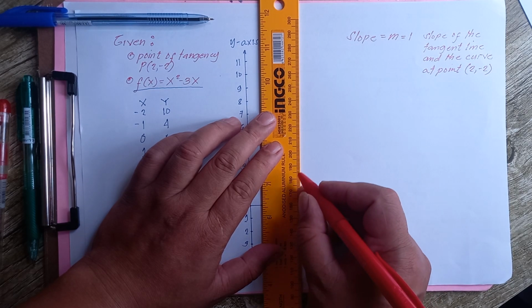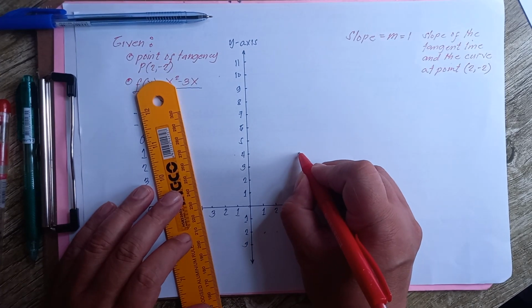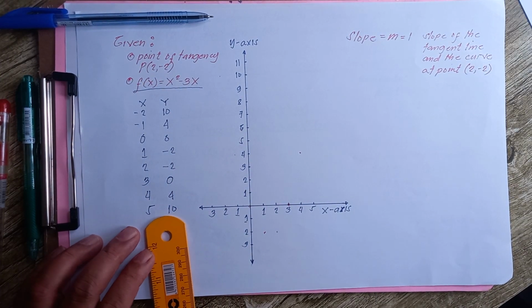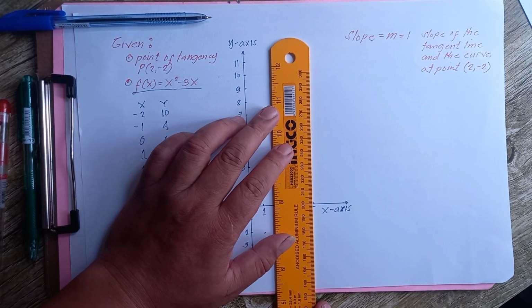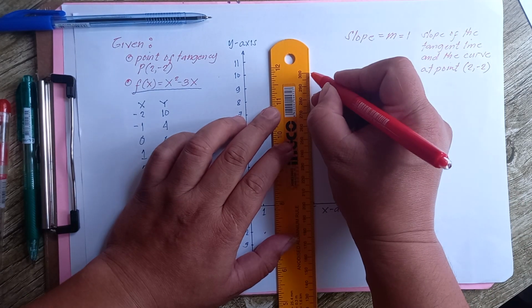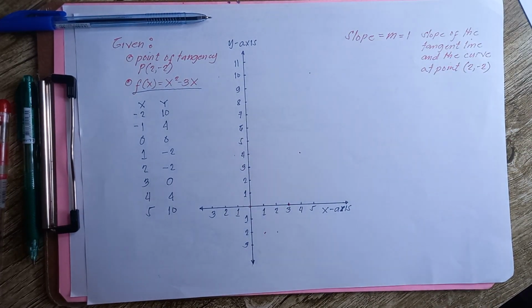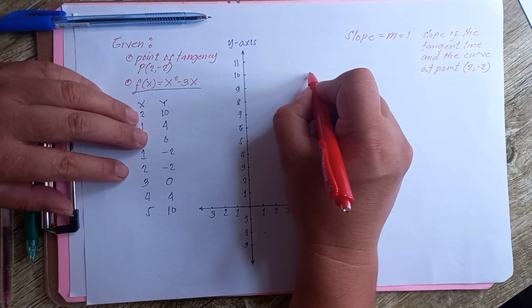So 1, 2, 3, and 4, so we have it in here. And if I have +5, my y would be 10. So we have it in here. So these are the points.